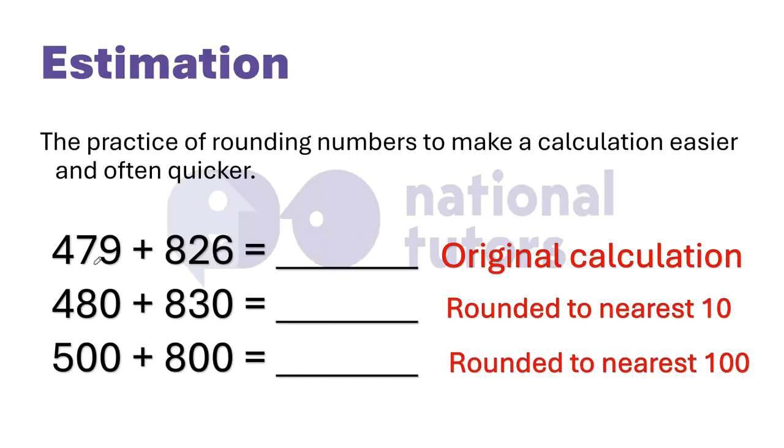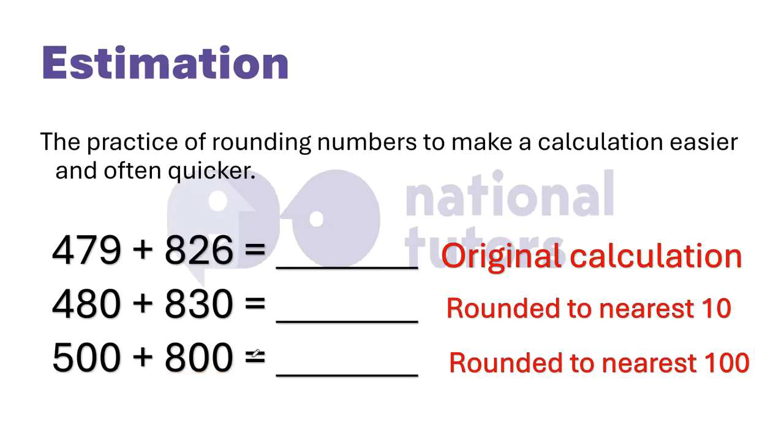However, you could also round these numbers to the nearest 100. 4 is our affected number, 7 is our decider, it's higher than 5, so 479 becomes 500. And 8 is our affected number, 2 is lower than 5, so this time we would round down to 800.